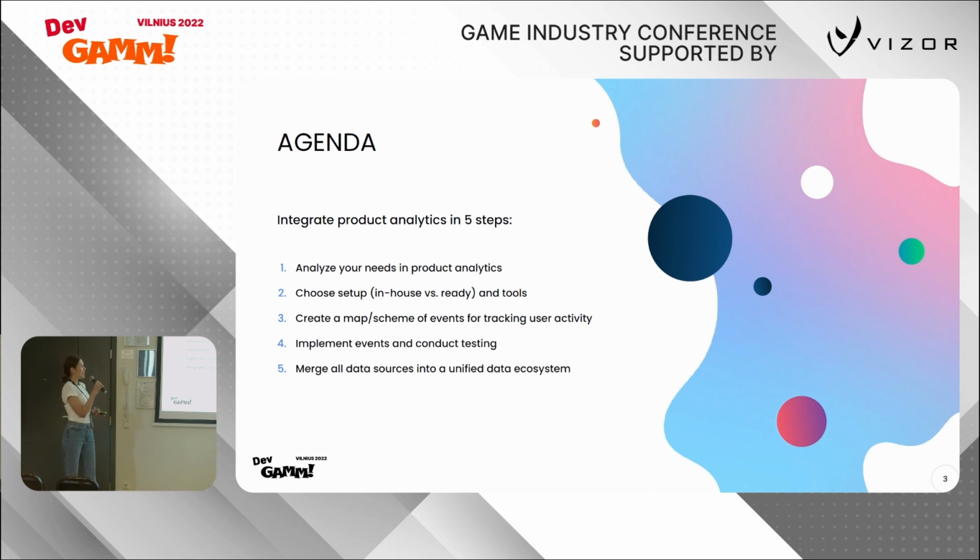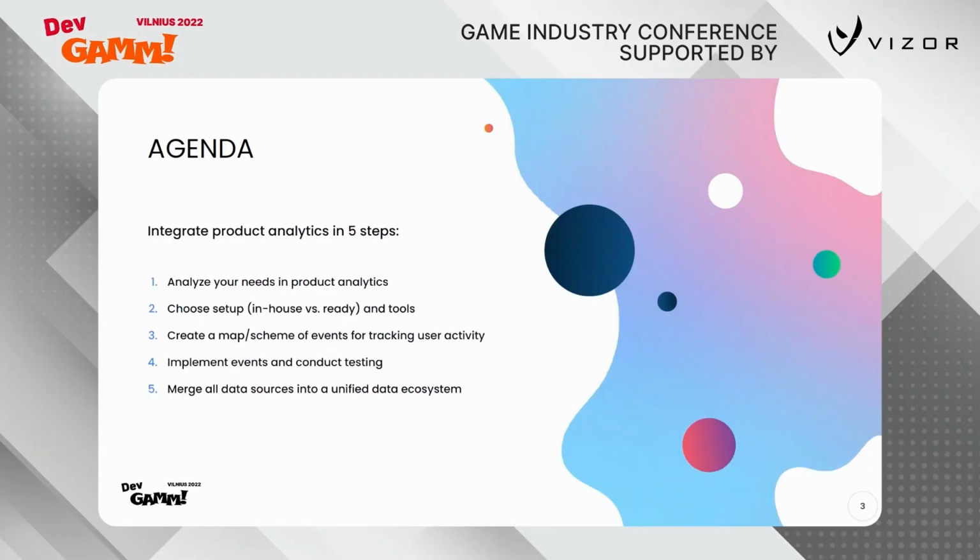Third, create a map of events. We will cover some tips on how to create the map of events. And then, of course, implement events and conduct testing. And finally, but a very important part, we will cover how to connect all data sources that you may have into one single organized view, which is critical for making really informed and correct data-driven decisions.